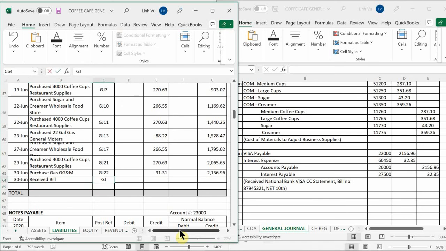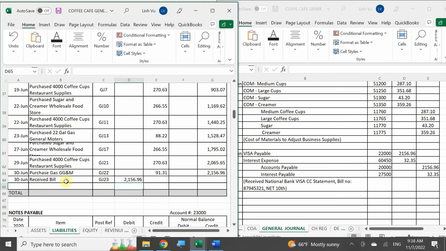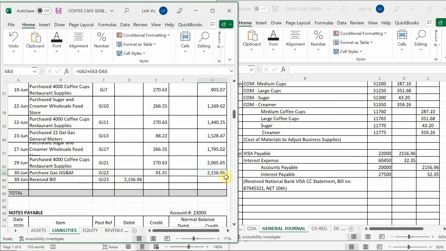because I am assuming I'm going to pay off the entire credit card on the 10th of July here, I'm going to debit my whole entire credit card for $2,156.96. So therefore, you should have a zero balance, right?